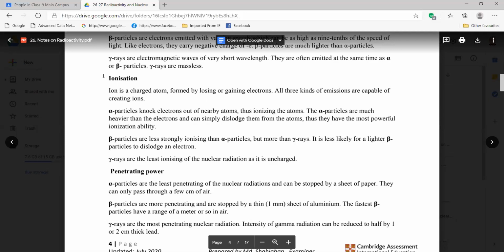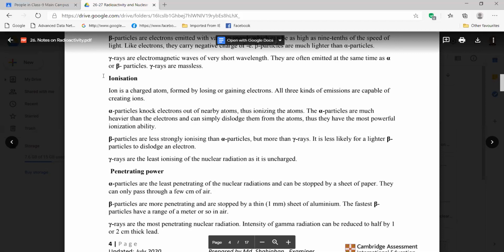Ionization. An ion is a charged atom formed by losing or gaining electrons. All three kinds of emissions are capable of creating ions. Alpha particles knock electrons out of nearby atoms, thus ionizing the atoms. The alpha particles are much heavier than the electrons and can simply dislodge them from the atoms.